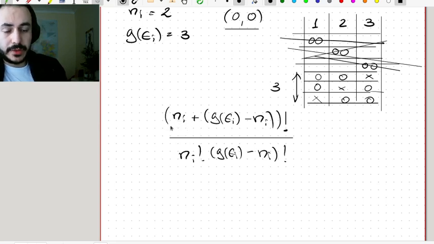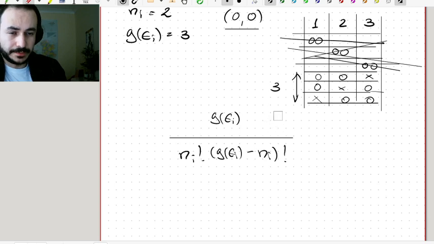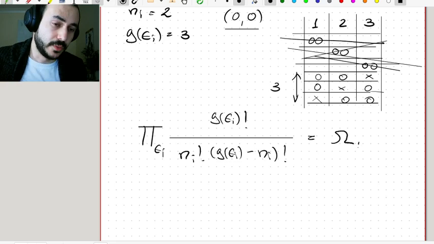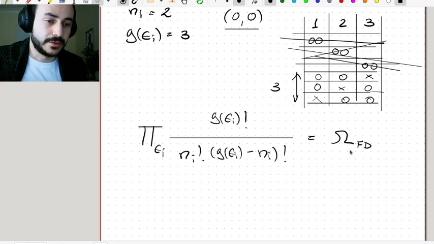So you can see that this goes with that, and what you're left with is the degeneracy factorial divided by this. And this you have to do for every single energy that you have to consider in the system. What this gives you is the statistical weight of Fermi-Dirac.